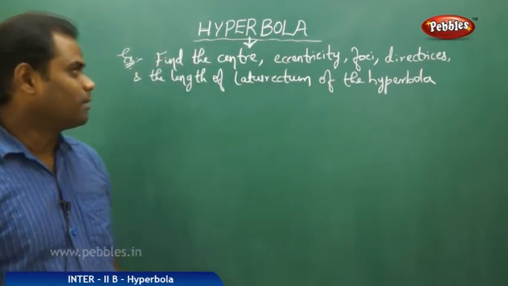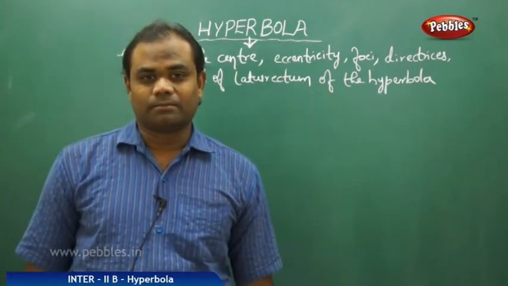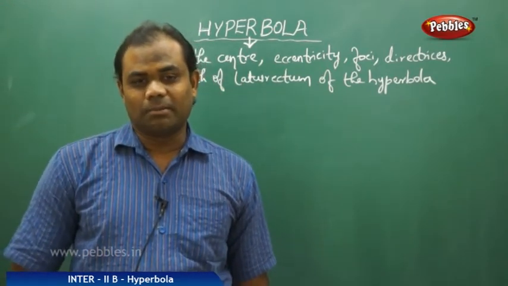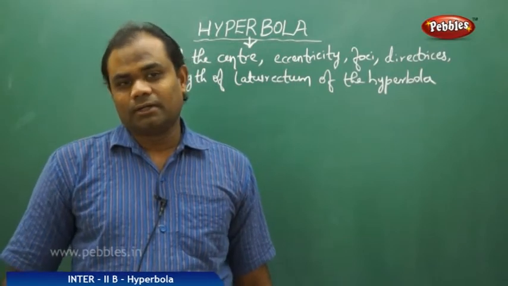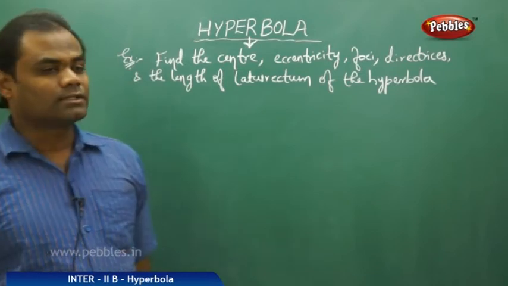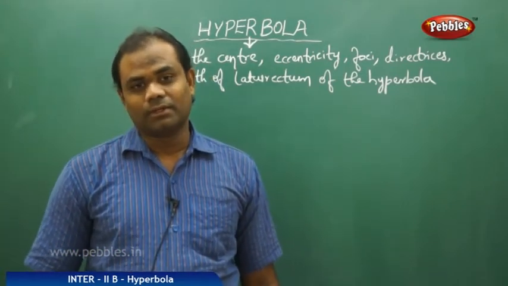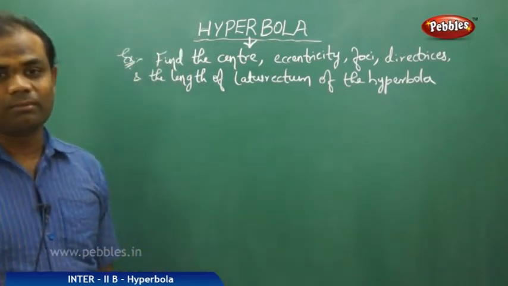Now let's do one practice problem to understand the concept of hyperbola better. We have discussed eccentricity, foci, latus rectum, vertices and other properties like the length of latus rectum for the hyperbola in standard form and non-standard form. Let's apply them in some problems.